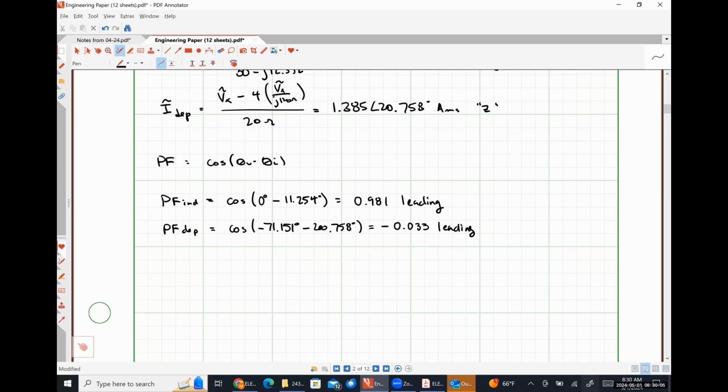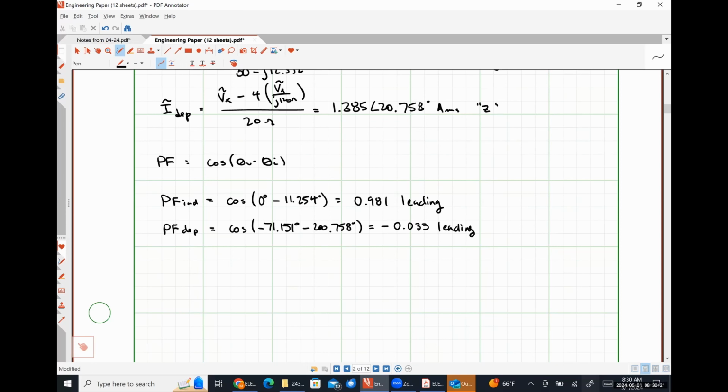So let's throw that in really quickly. Cosine of negative 71.151 minus 200.758 comes out to be positive 0.033.